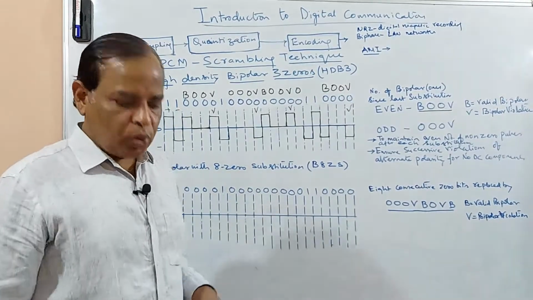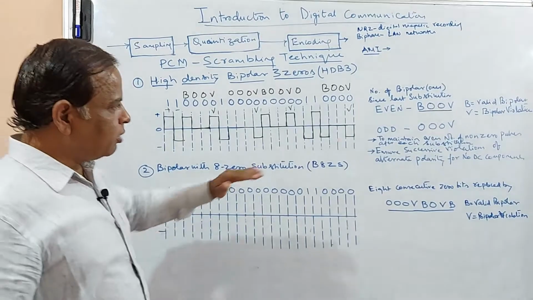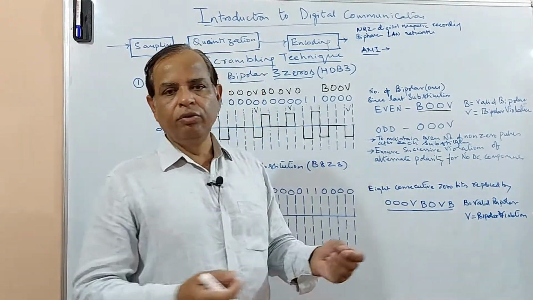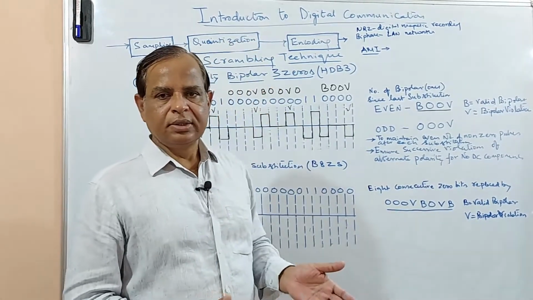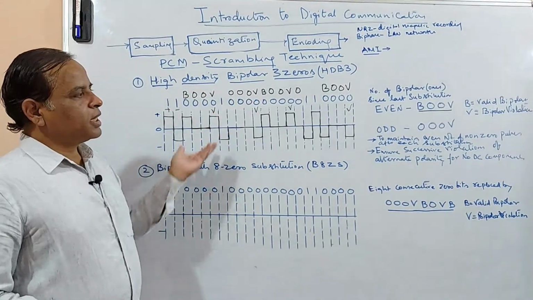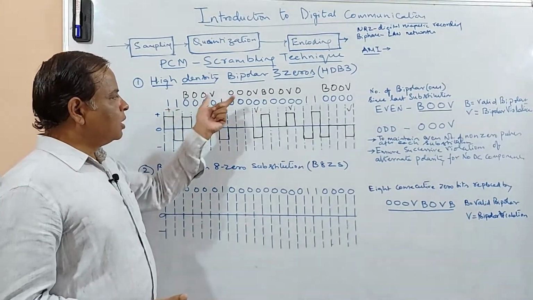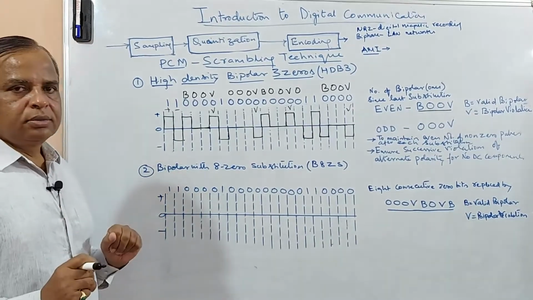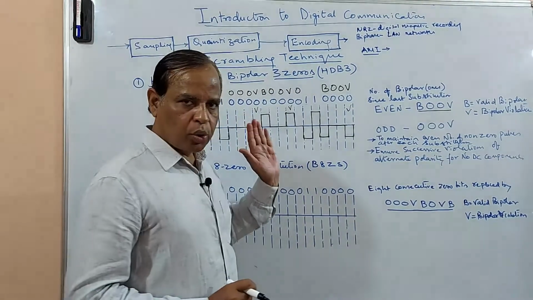Don't go to that extent, you will get confused. If you remember this: B means follow the AMI rule, V means do not follow the AMI rule, just the opposite. Simply replace with these codes. Count the ones. If it is even, replace this. Odd, replace with this. That's it. So I am sure you might have understood this high density bipolar 3 zeros code.